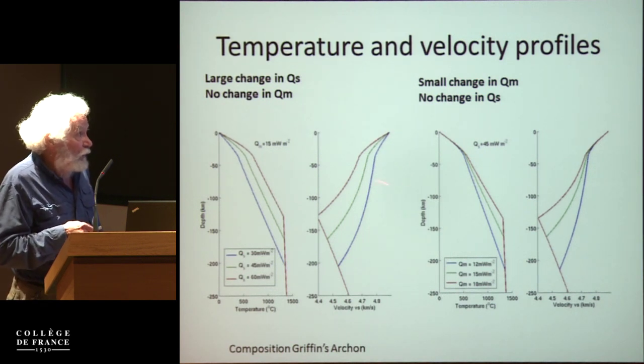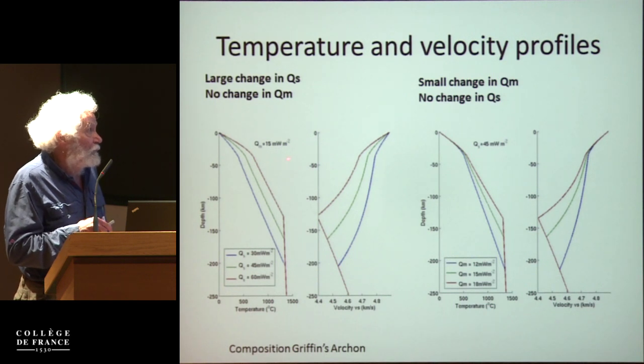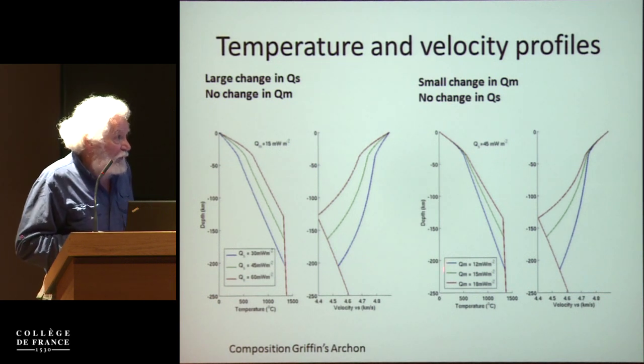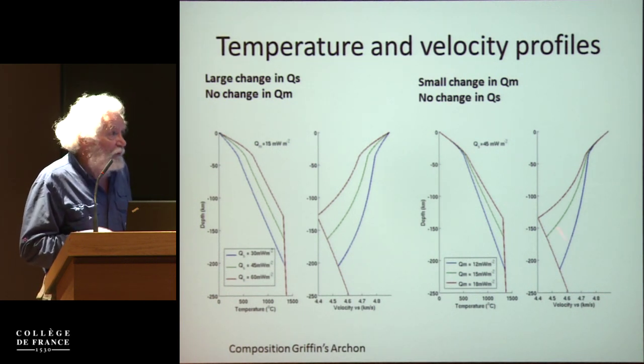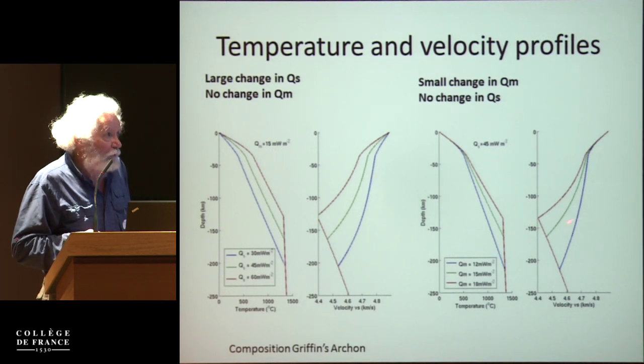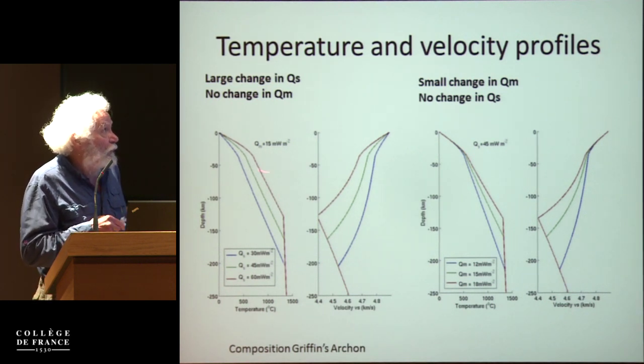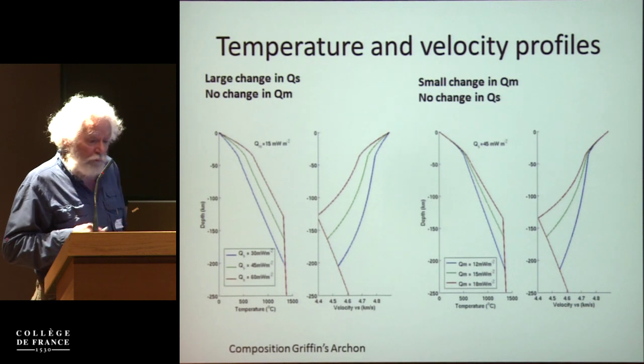And you see here, these exemplify what I showed before: surface heat flux may be important, but small variations in mantle heat flux may be more important in determining the shear wave velocity profiles than the large variation in surface heat flux.